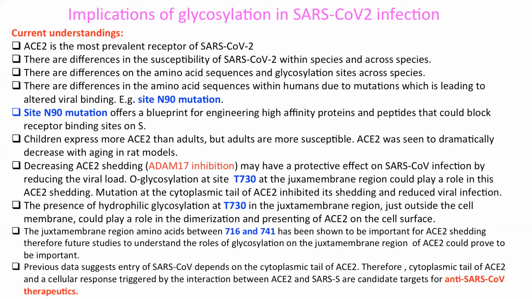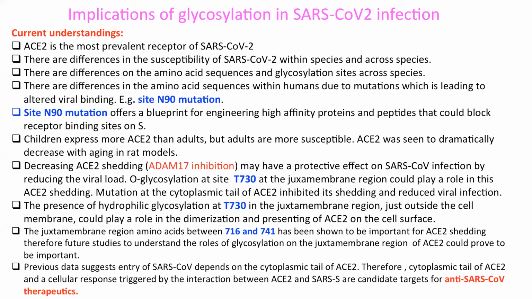This shorter version has been implicated in contributing to the infection. So what that means is decreasing ACE2 shedding through inhibition of ADAM17 may have a protective effect on SARS-CoV2 infection by reducing the viral load.